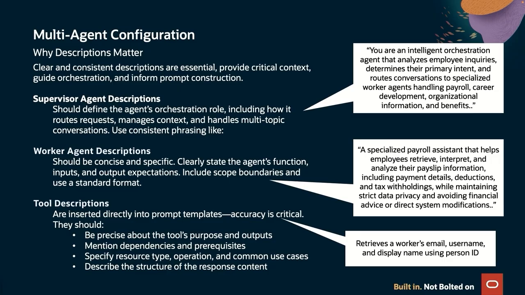So in that description, you say, this is a set of documents that address these types of questions, or this is a set of documents that address these other types of questions. You want to give it as much context as you can as to what the tool is able to do and the kind of information that it can provide. Then when you're telling it to call these tools, you can say, hey, for these types of questions, call this one.